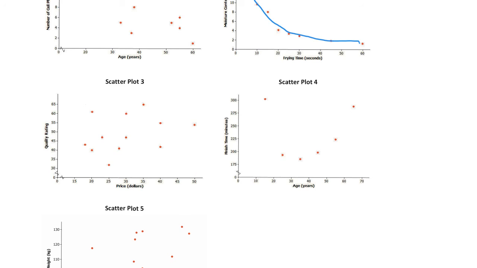So here's a case where this data here in scatter plot 3, this data doesn't seem to follow any sort of pattern. So that's kind of the ones that we talked about yesterday, which is like there's really no relationship. So there is no best fit line to be drawn, to be honest, because there's no relationship between the data. It's kind of everywhere. Now, when we look at number 4, if we took out these 2 points on the left, this would look like an exponential curve on this side.